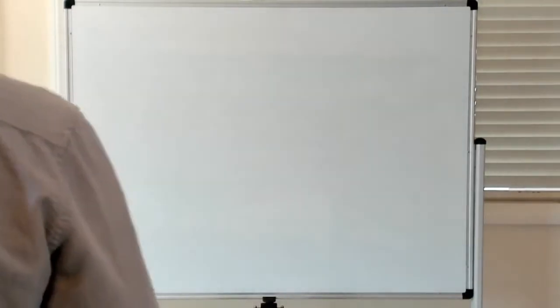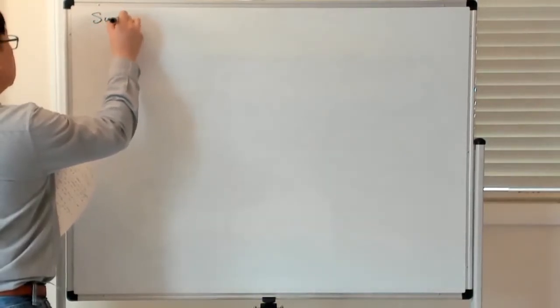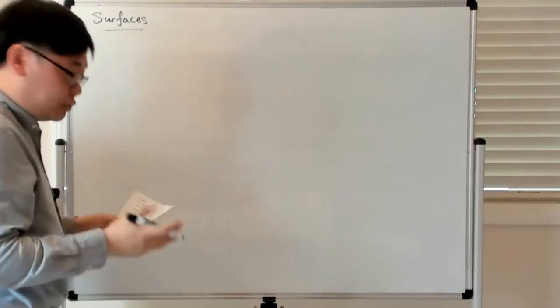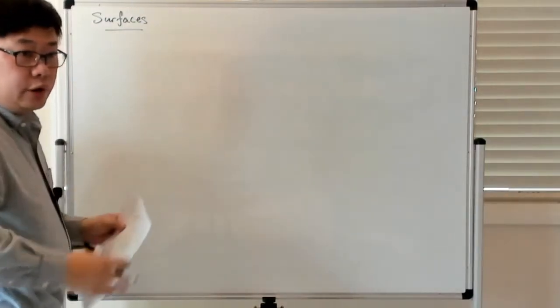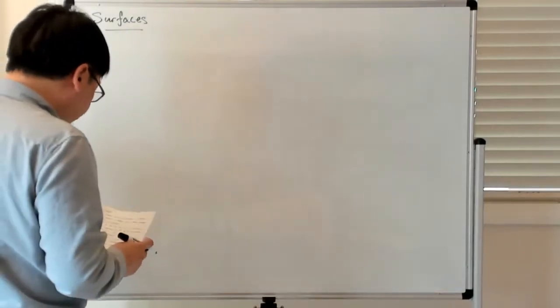All right, so now we'll talk about surfaces. Of course, as the name implies, we're talking about two-dimensional spaces. In particular, we're going to consider two-dimensional spaces which have the structure of what is called a two-manifold.